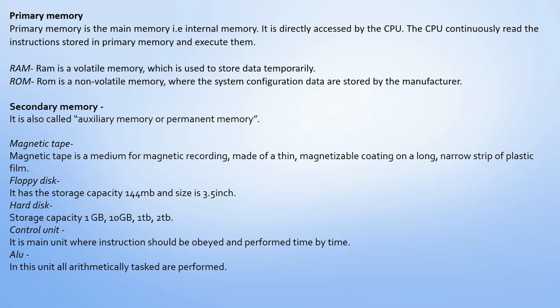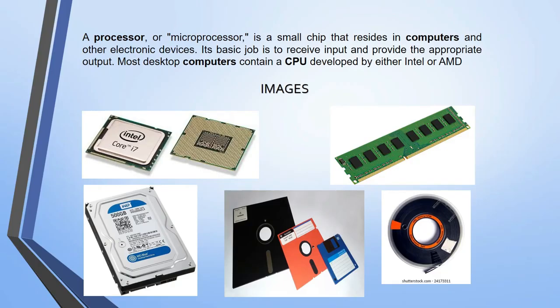Now the control unit, also called CU. It is the main unit where instructions are obeyed and performed from time to time. Means in the CU all the instructions are performed. The ALU is a unit where all sorts of arithmetic and logical tasks are performed.